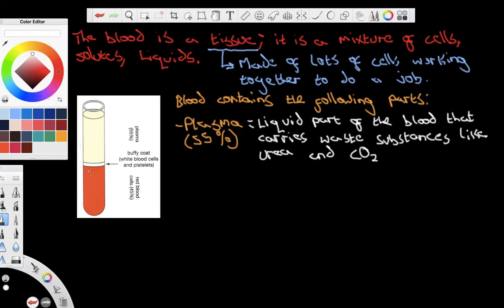The red part at the bottom on this diagram is the red blood cells, and that makes up about 45% of your blood.